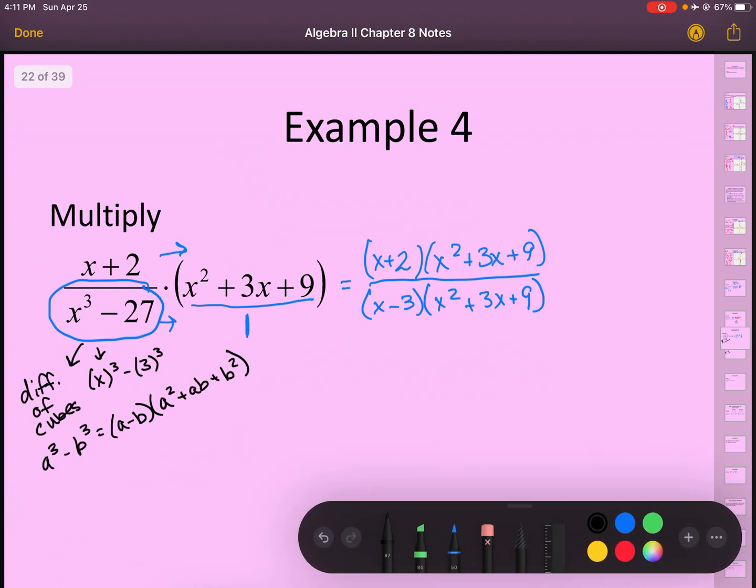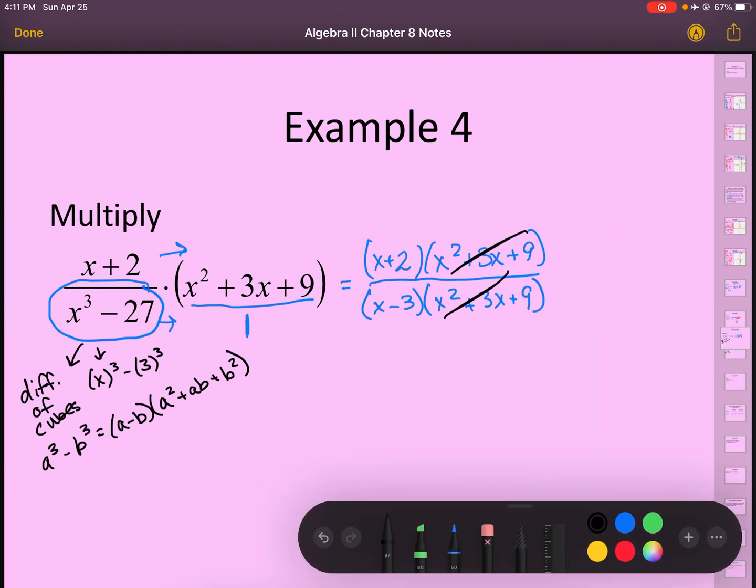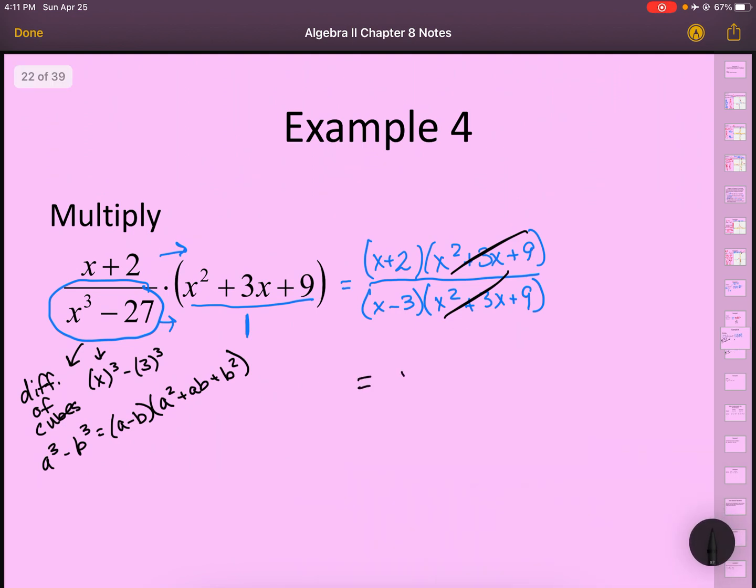And that makes sense because now that x squared plus 3x plus 9s, they go away, they cancel out. So we're just going to be left with x plus 2 all over x minus 3. So here's our simplified rational expression after multiplying these two.